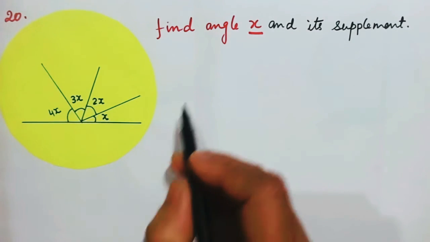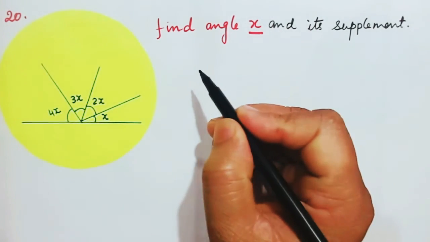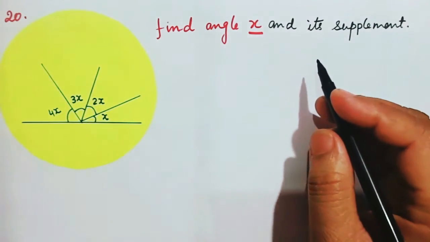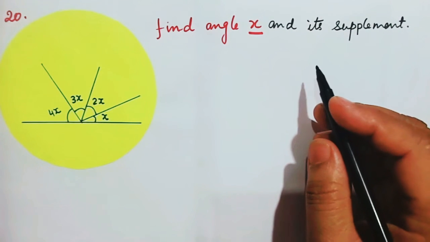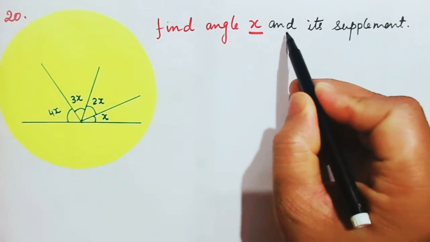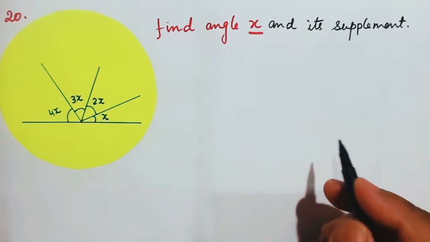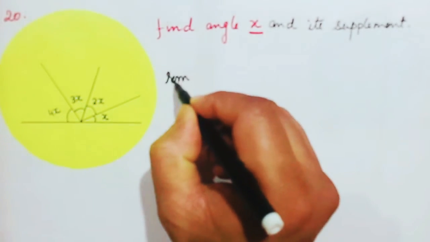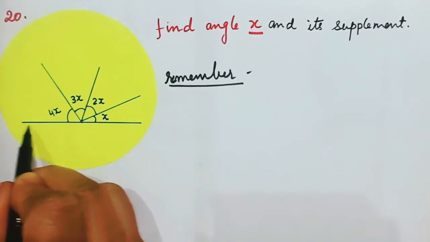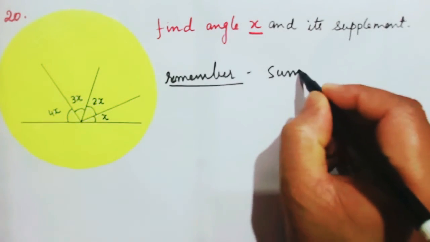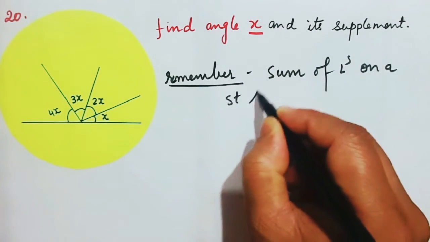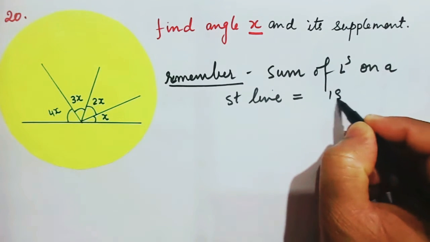Now, for each and every one, we have to see whether we are acquainted with the formulas or the theorem, especially the theorem. And here, find angle x and its supplement. What you need to remember is that the sum of angles on a straight line is equal to 180 degree.